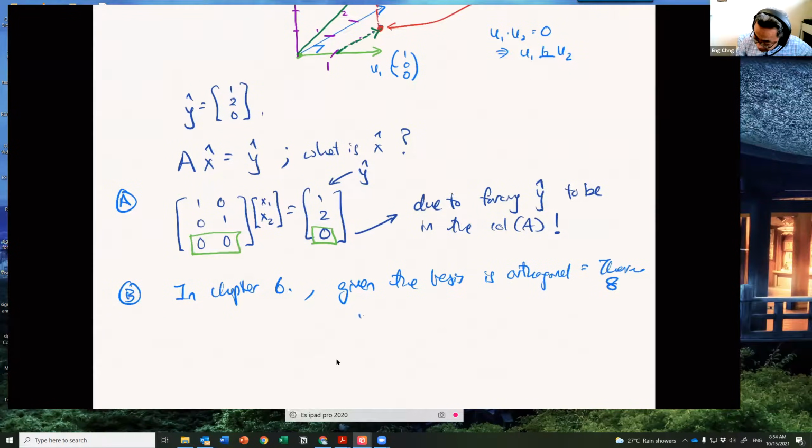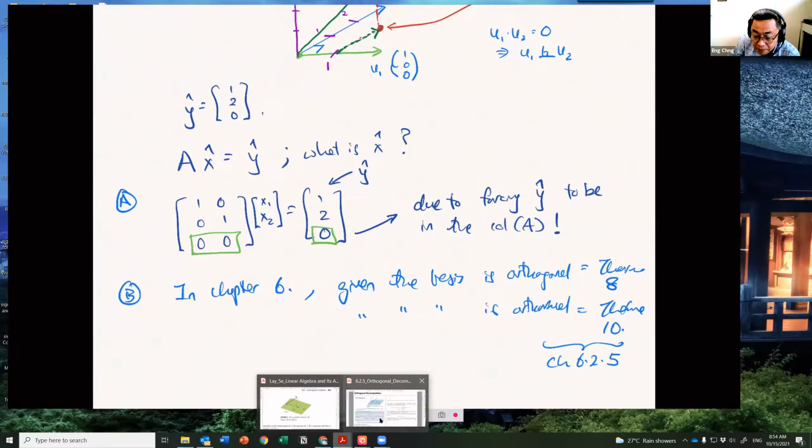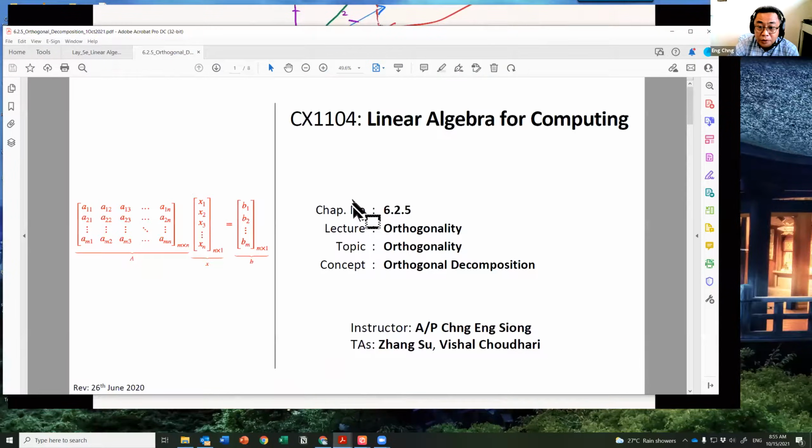And if the basis is orthonormal, we apply theorem number 10, all this in chapter 6.2.5. So let's go and see these lecture notes first. In 6.2.5, we go to theorem number 8, which is here.